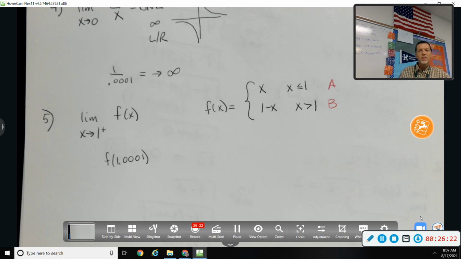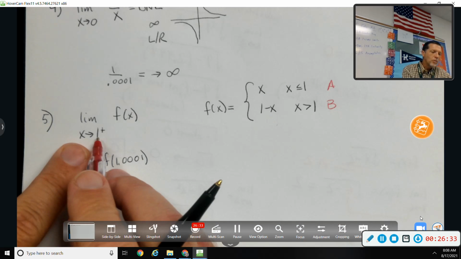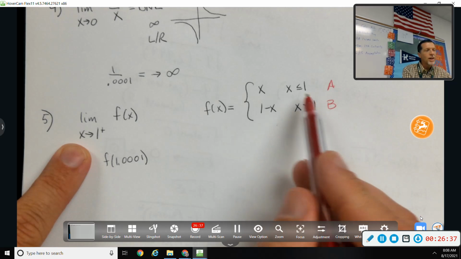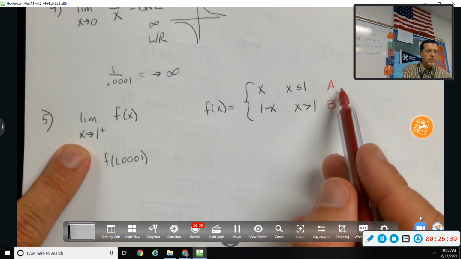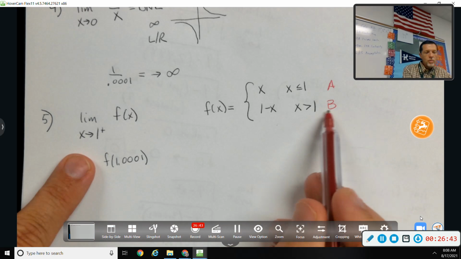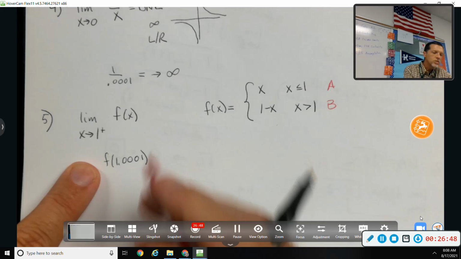The A branch or the B branch? Which one? B, because we're bigger than 1. In fact, if we're coming at 1 from the right, the A branch is never even going to matter in this problem. I could have put anything there and it wouldn't matter, because coming from the right, we're always bigger than 1. The B branch doesn't get to 1, but that's okay. Limits don't get there. They just get really close to it.